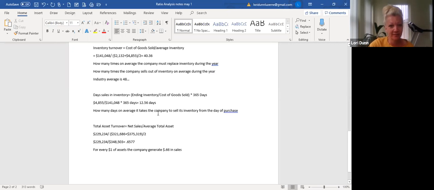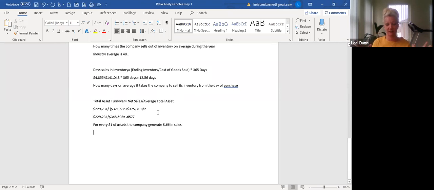Off to our next ones then. So that was our first set. Now we're gonna look at solvency. Now, solvency ratios are going to tell us how well the company can pay long-term liabilities and also liabilities overall.